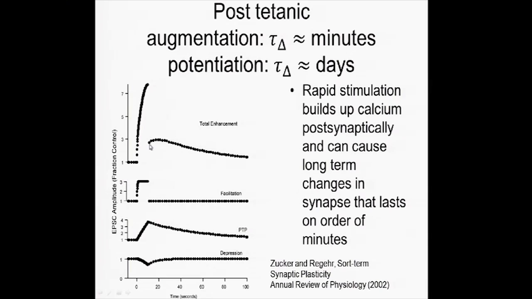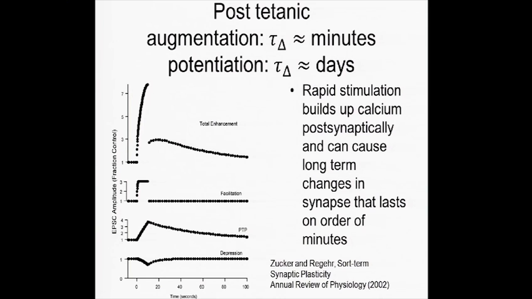It immediately drops, comes up a little bit, and then slowly drops over time. So there are many different things going on. The first one is a rapid increase in calcium, which causes facilitation. Okay? That saturates pretty quickly. And then you actually have longer-term things happening, which is called post-tetanic potentiation.